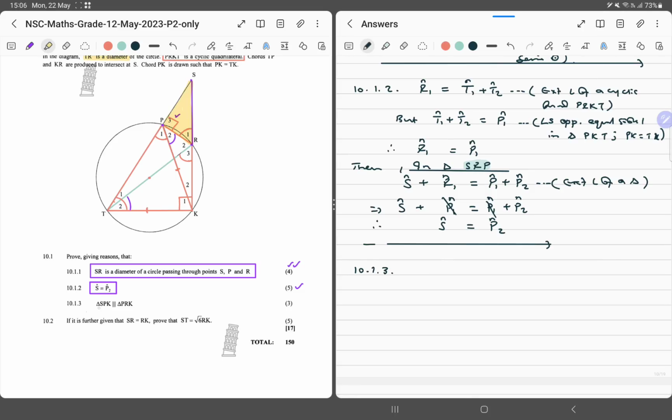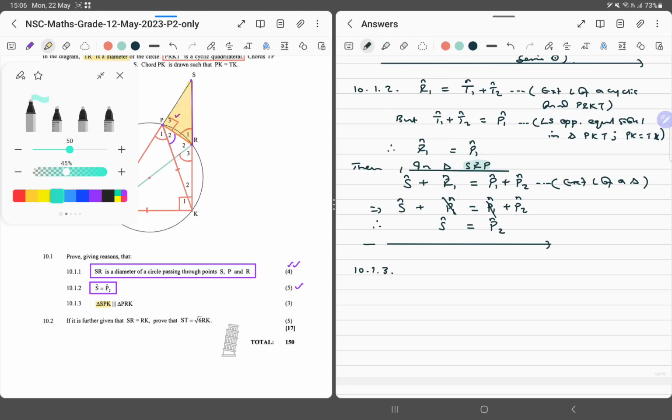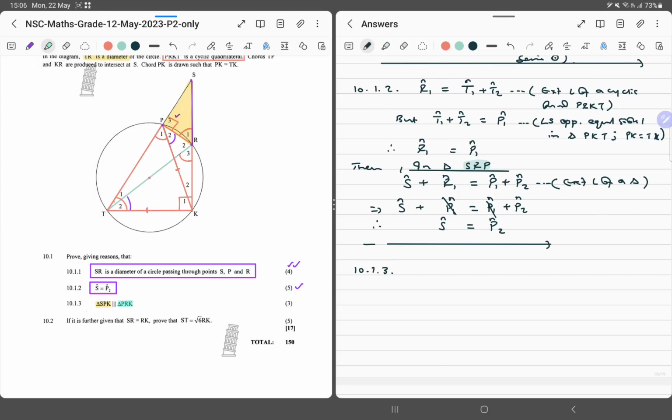Now 10.1.3 says triangle ASPK. I never really pay attention though to the actual naming. I only pay attention to the triangles I'm supposed to be looking at. But you guys, you know, some of the shorthand techniques you may need. So SPK, that triangle together with triangle PKR or PRK.